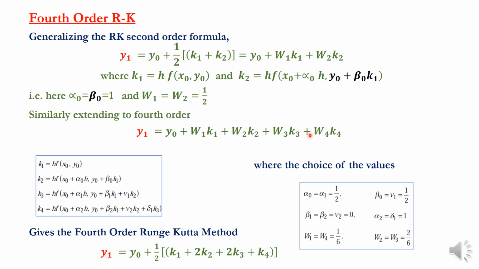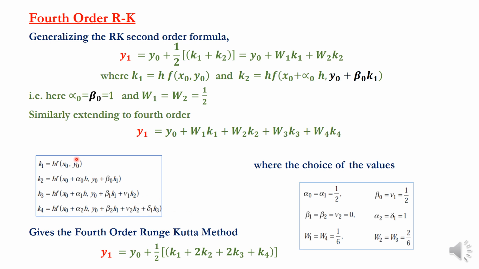We can select different types of coefficients to get different forms of equations, and k1, k2, k3, k4 are these ones, where k1 is equal to h into f of x0 y0, k2 is equal to h into f of x0 plus alpha0 h, y0 plus beta0 k1, k3 is equal to h into f of x0 plus alpha1 h, y0 plus beta1 k1 plus nu1 k2, and k4 is equal to h into f of x0 plus alpha2 h, comma, y0 plus beta2 k1 plus nu2 k2 plus delta1 k3.